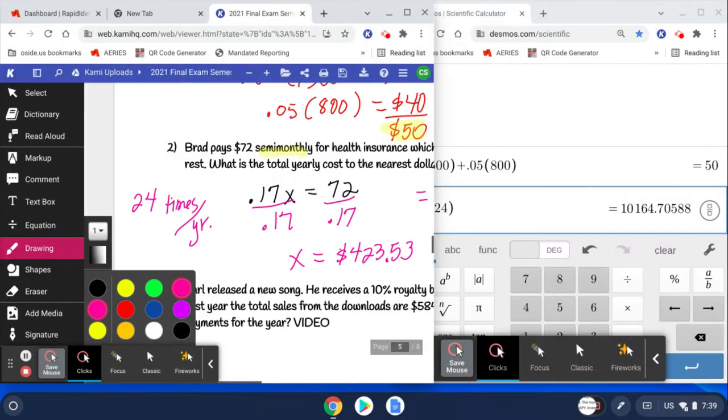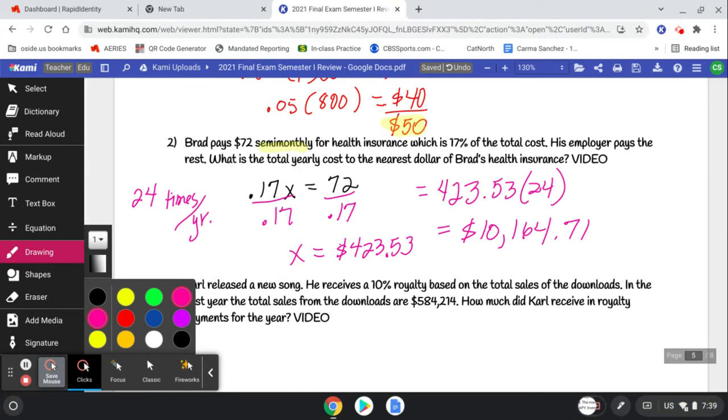Let's check our rounding. 10,164.71. Looks great. Okay, so this is the total yearly cost of the health insurance. But remember that sometimes we ask you for the employee part.